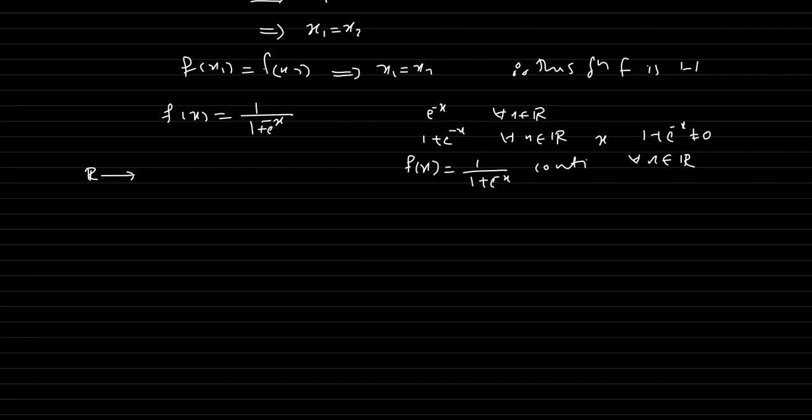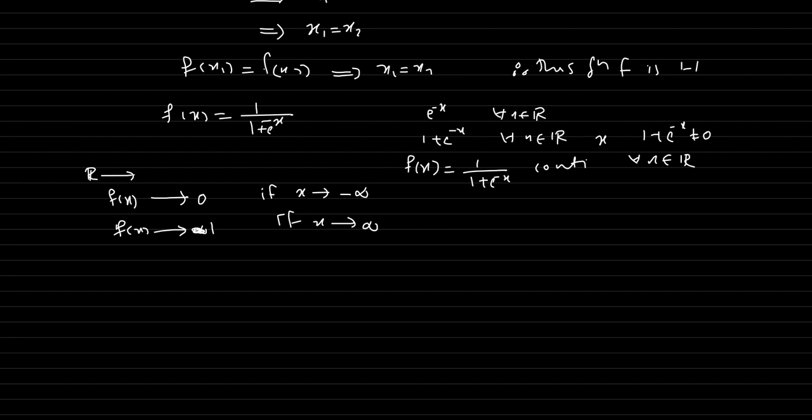So when we look at the limit at minus infinity and infinity, f of x tends to 0 if x tends to minus infinity, and f of x tends to 1 if x tends to infinity. Why?